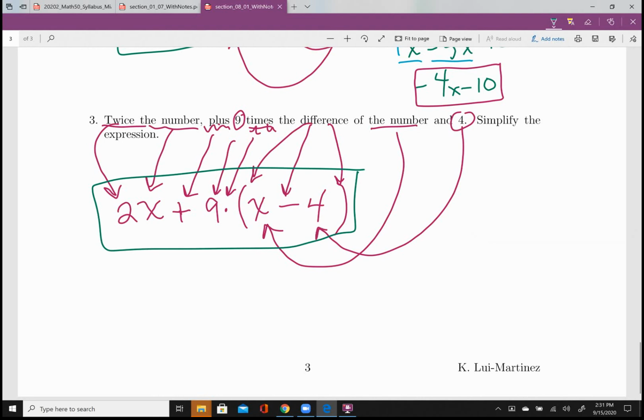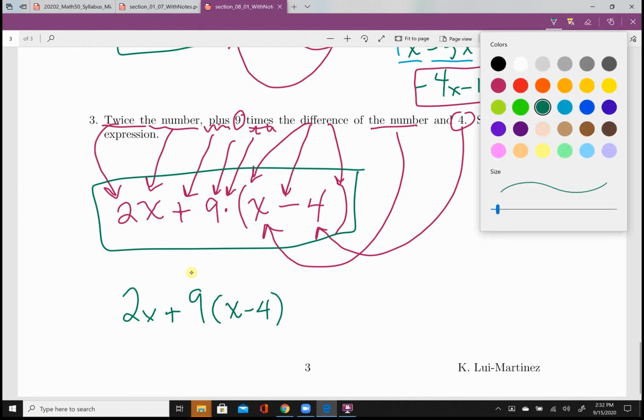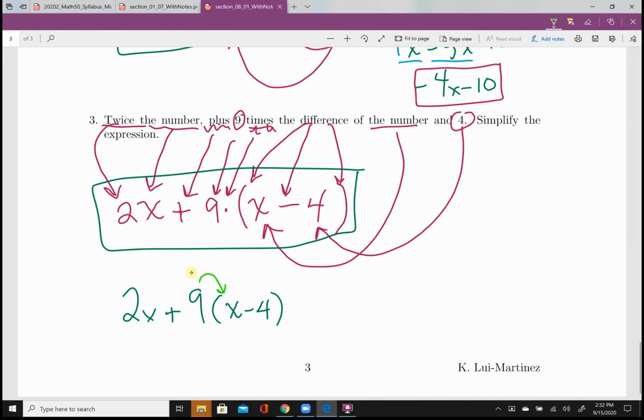We'll do that in green. So I'll rewrite the expression: 2x plus 9, leaving out the raised dot, x minus 4. And let's do very similar to what we did in the previous problem. Distribute first, and we will be left with 2x plus 9x minus 36.